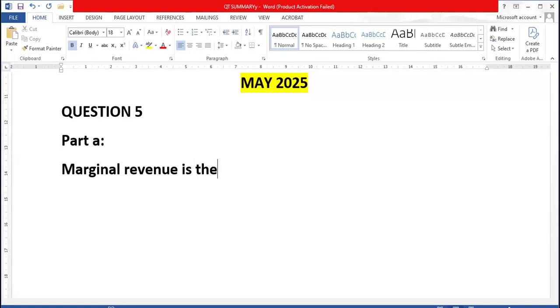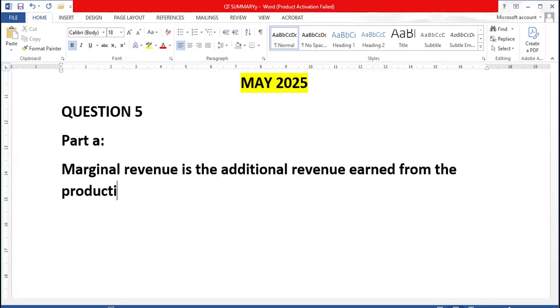Marginal revenue is the additional revenue from the production and sale of an extra unit.